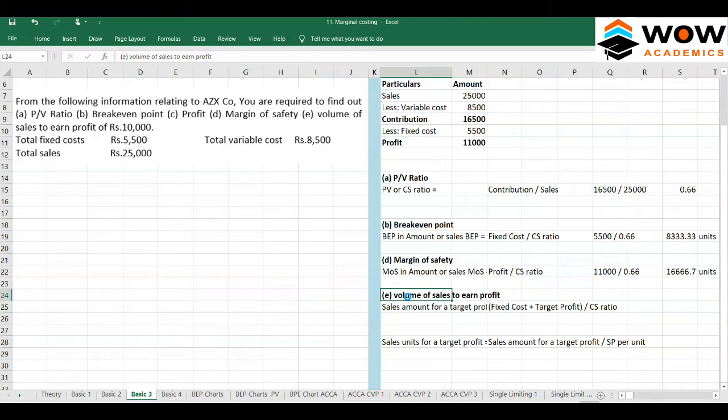And the last part is the volume of sales to earn a profit of 10,000. To get a profit of 10,000, how much should the company earn? So this is the formula here.